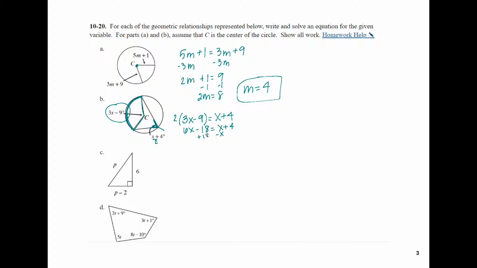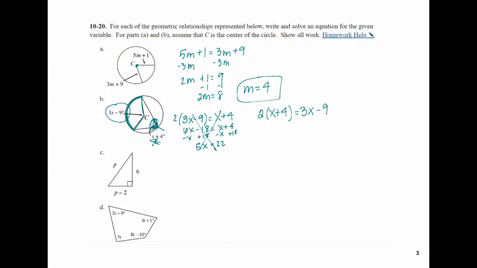Inverse operations. We get 5x is equal to 22. Divide by, hold on. Excuse me, sorry. Rewind. We got to do that backwards. 2 times x plus 4 is equal to 3x minus 9 because this angle is half of 3x.